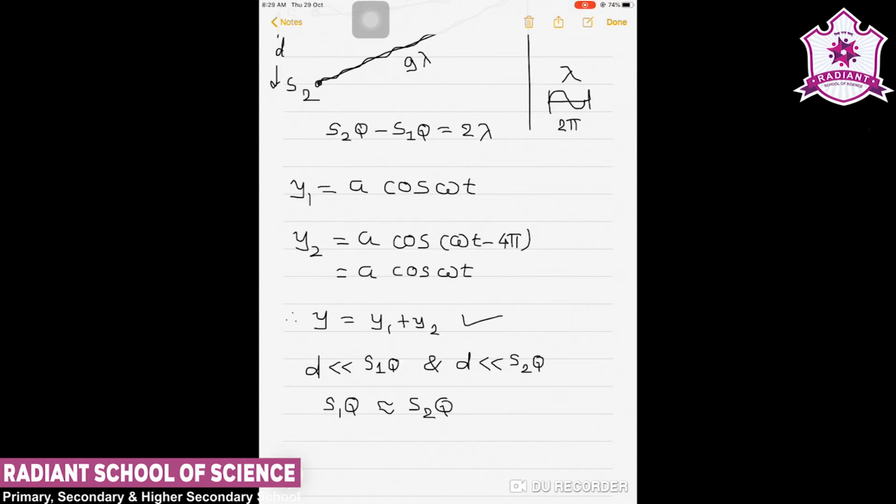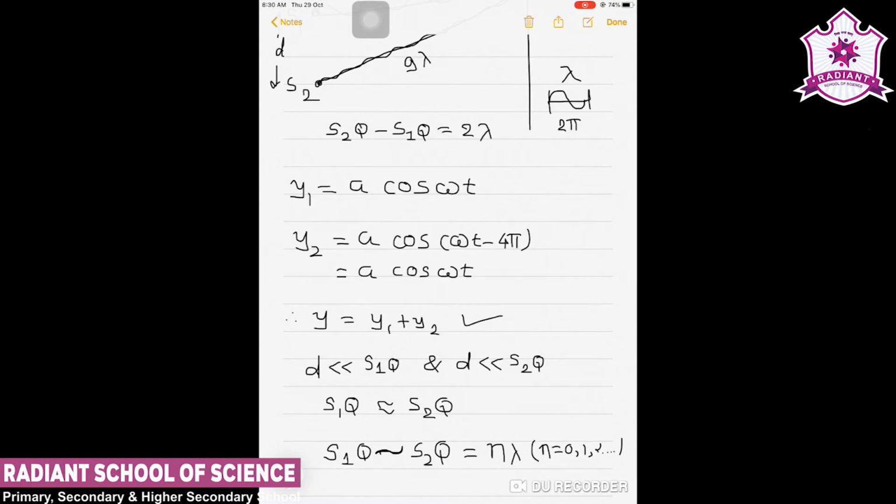Now, on the basis of that, if we have two coherent sources S1 and S2 vibrating in phase, then at an arbitrary point P, whenever the path difference S1P minus S2P, that is S1Q minus S2Q, is about n lambda, where n belongs to 0, 1, 2, etc., we will always get constructive interference, and the resultant intensity will be 4I0.